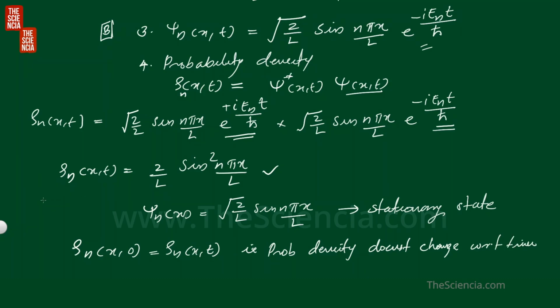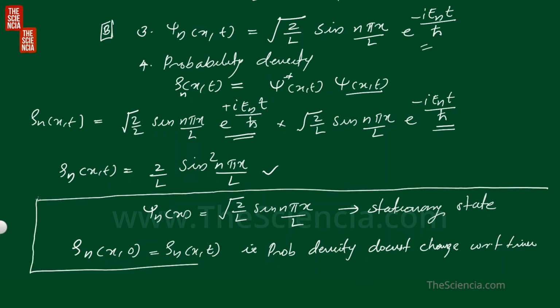Okay, so this is the conclusion we got from these two examples A and B. Here the wave function is not changing with time, therefore the probability density is also not changing with time.